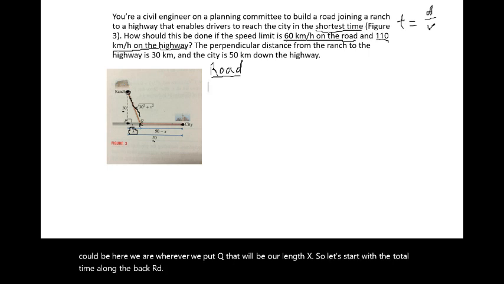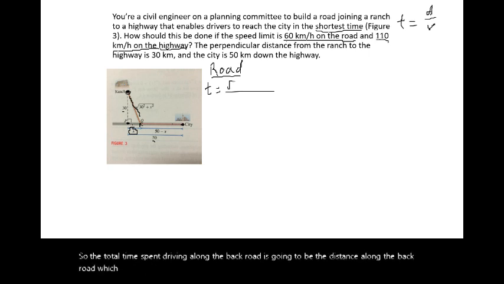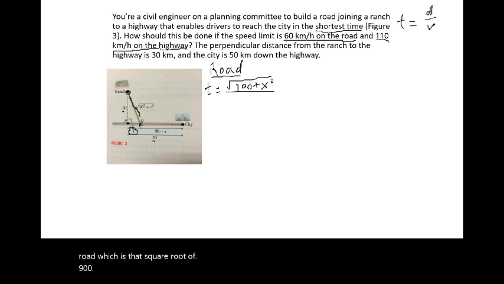So the total time spent driving along the back road is going to be the distance along the back road, which is that square root of 900 plus x squared, divided by the speed limit along the road, which was that 60 kilometers an hour.